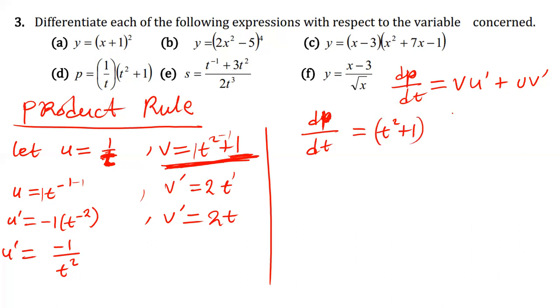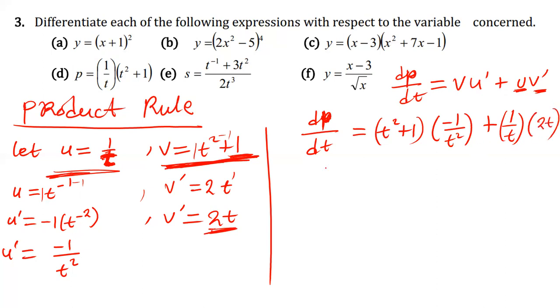And then u prime is simply -1 over t to the power 2. And then I have plus there. Then u here is simply 1 over t, that's my u. And then v prime is simply 2t, that's my v prime.